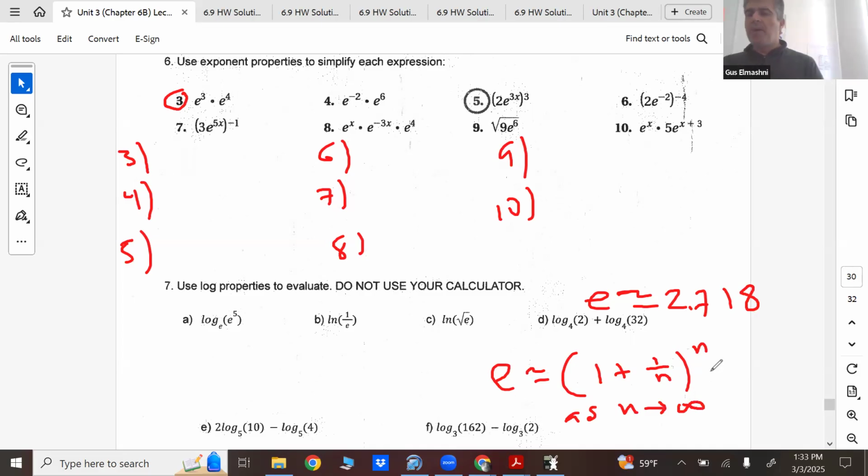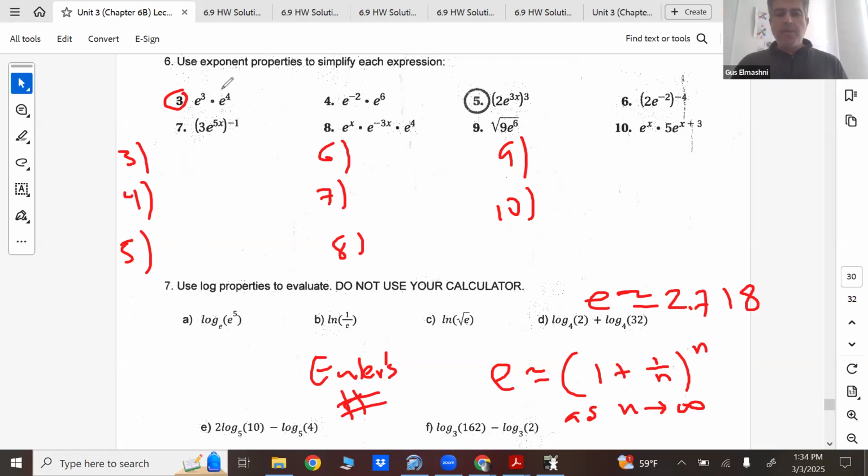So that's what e is. It's just some number. It's called Euler's number. Leonhard Euler, I should know my math history, was a mathematician from a long time ago. It's called Euler's number. And we'll talk about ln when we get to number 7.